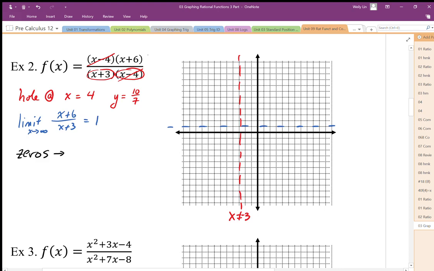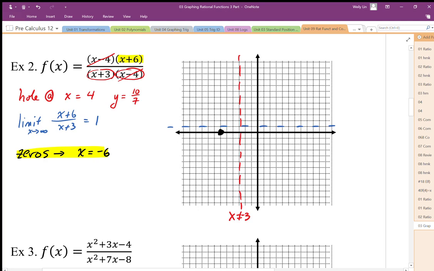To make my numerator equal to 0, x is equal to -6. So there's my point: x equals -6, y equals 0. So I know it's going to be in this quadrant here and this quadrant here.